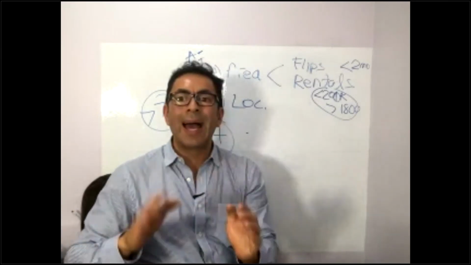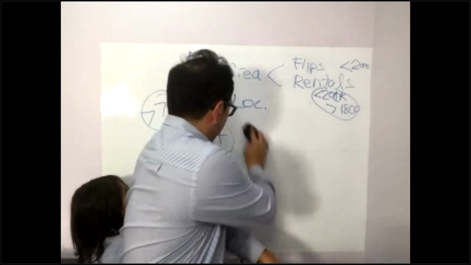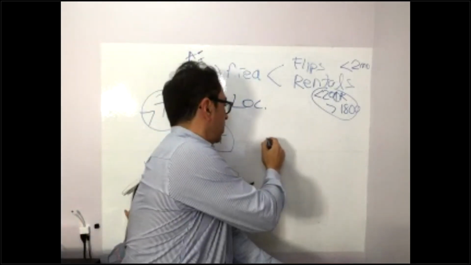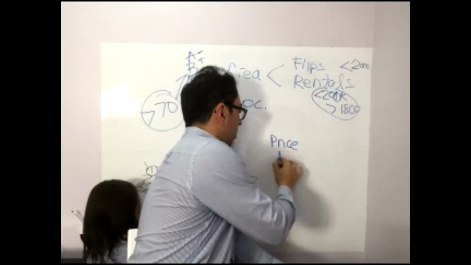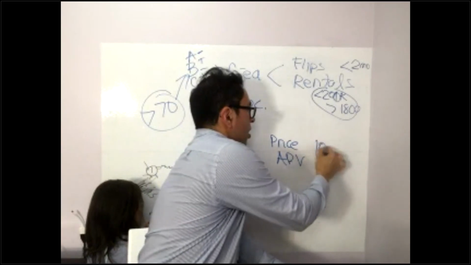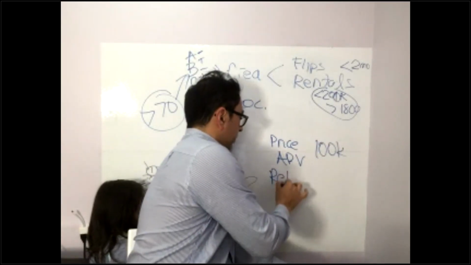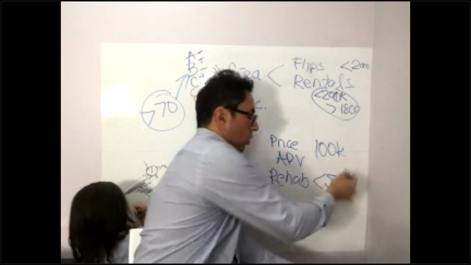Now, when it comes to analyzing the deal, remember, you need $100,000 spread from the price you pay for it to the ARV. You need $100,000 spread, and the rehab should be less than 50,000, okay?